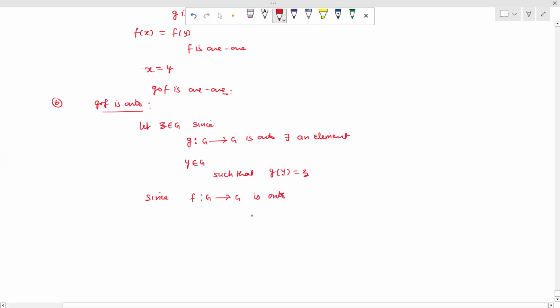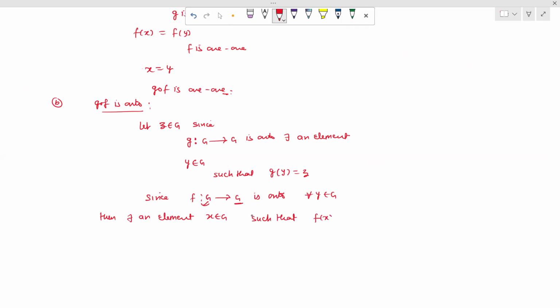So for every Y belonging to G, there exists an element X belonging to G such that F of X is equal to Y.